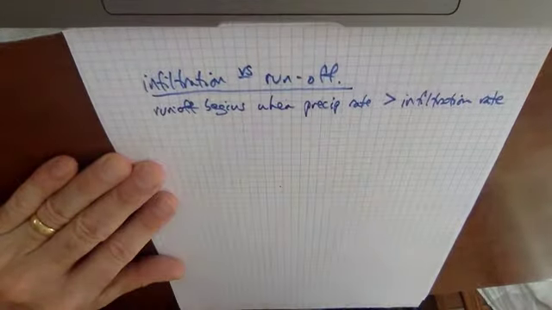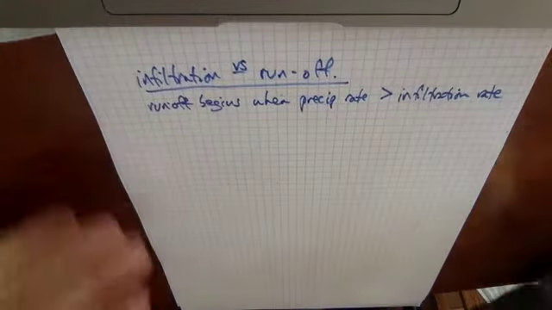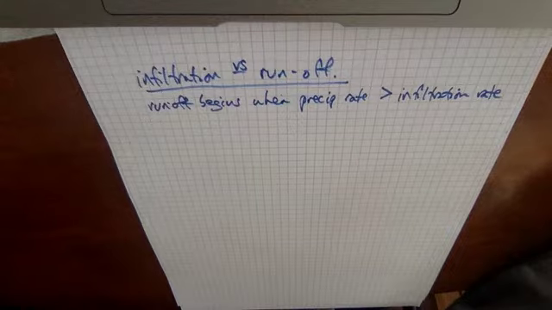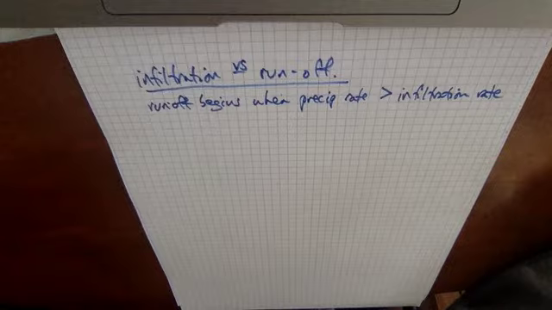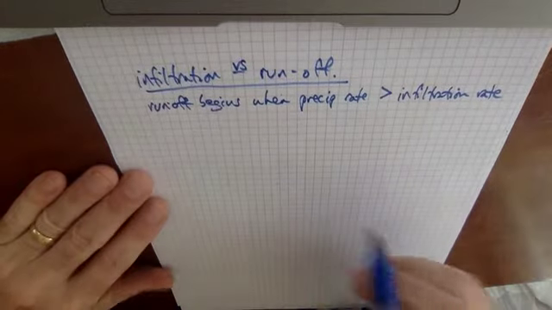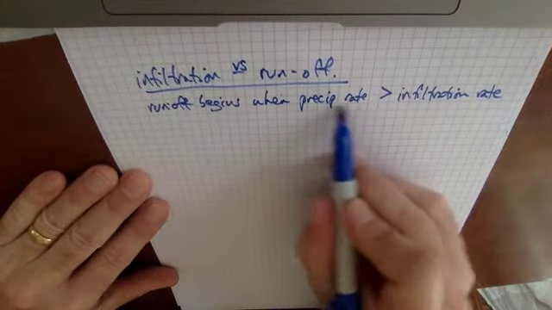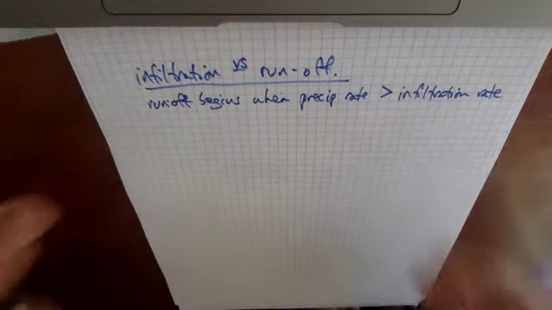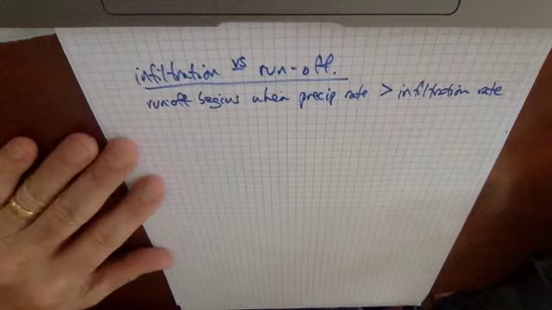So if the rain is falling at a rate lower than the infiltration rate, if the water is being added to the soil more slowly than the soil can soak it up, the water will just keep getting soaked up by the soil, and you won't get any runoff. It's only when the precipitation is falling faster than the soil can soak it up that you begin to get water ponding on the surface and then running off.